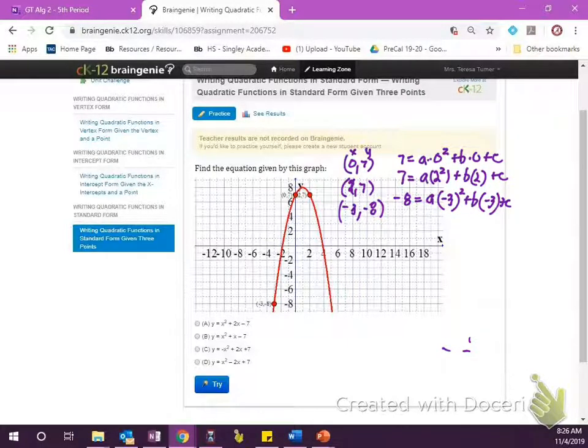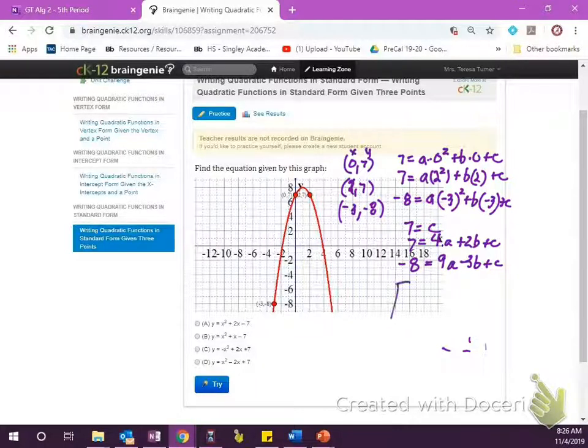So that's 0, that's 0, so 7 is equal to c. The next one is 7 is equal to 2 squared is 4a plus 2b plus c. And the last one is -8 is equal to -3 squared is 9a minus 3b plus c.